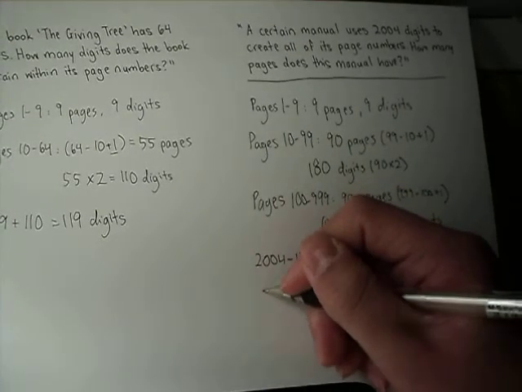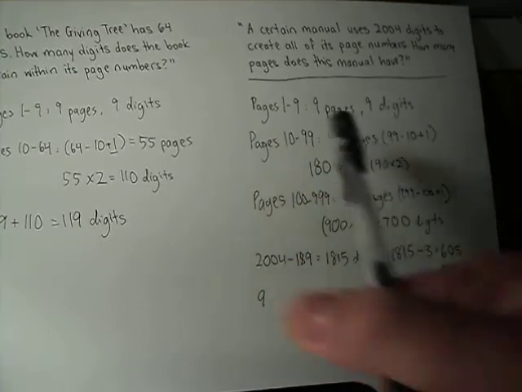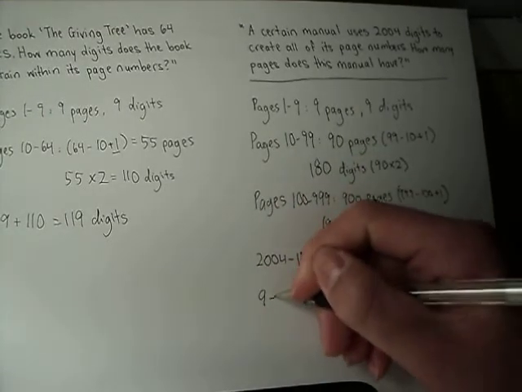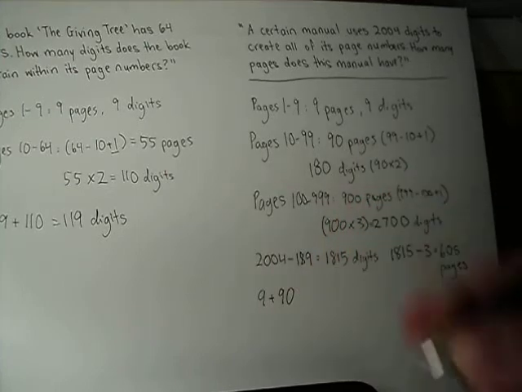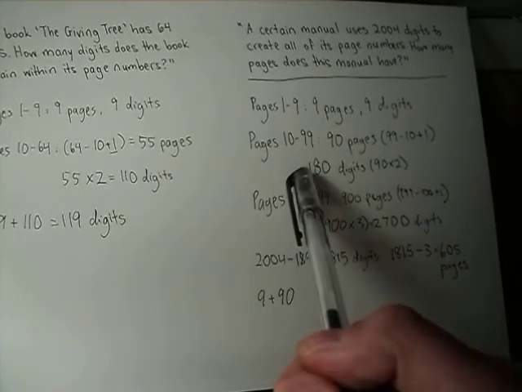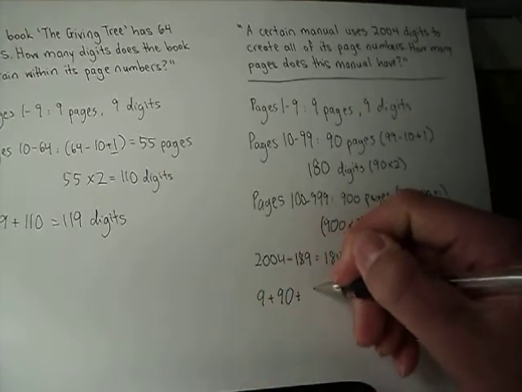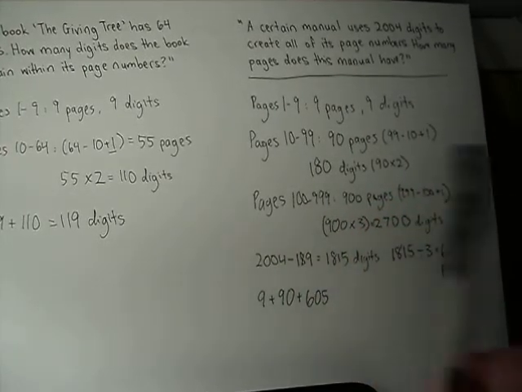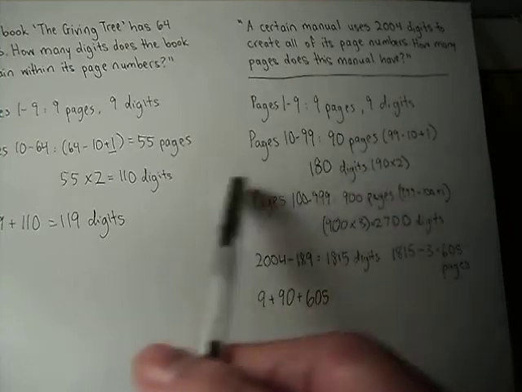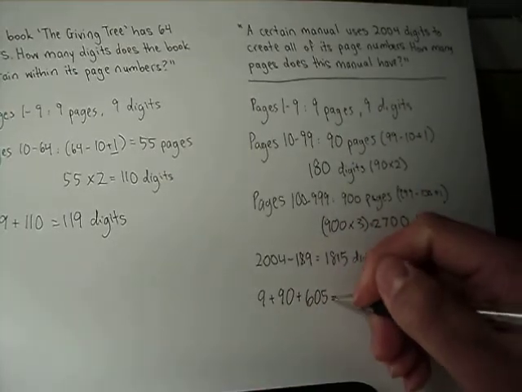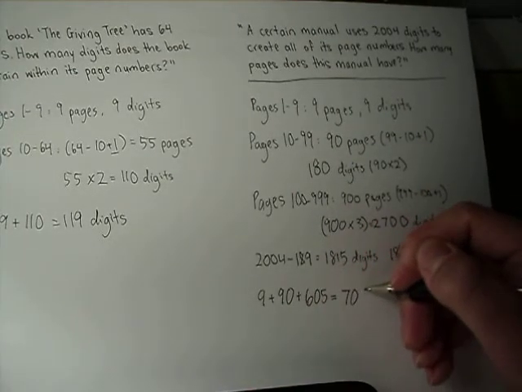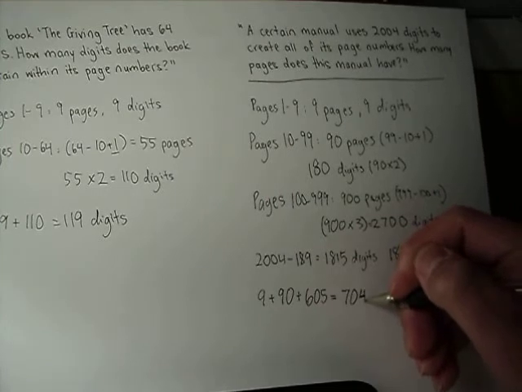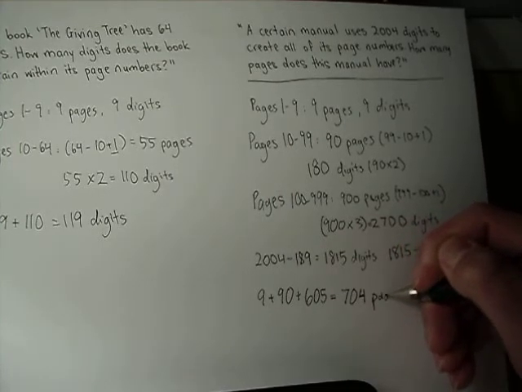All we have to do is add 9, which is pages 1 to 9 of this manual, plus 90, which is pages 10 to 99 of this manual, plus 605 pages for all of the 3-digit page numbers. And this will give us a total of 704 pages for this manual.